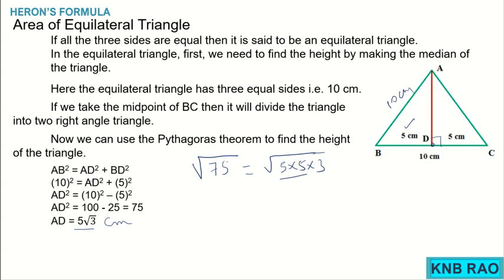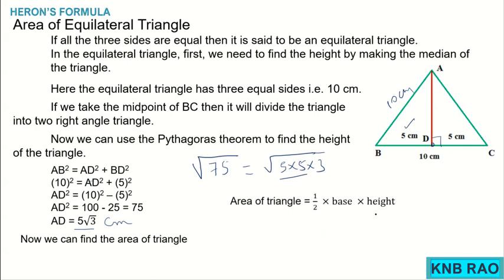AD. So, when I know height AD as 5 root 3 centimeter, then I can go for finding the area of this triangle. Area of this triangle is half into base into height, that is half into base. What is the base? Oh, here there is a mistake, here the base is 10.